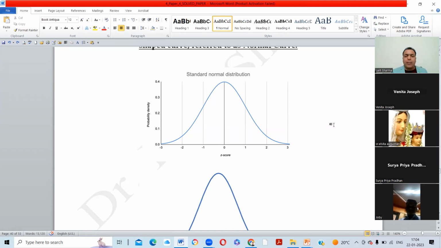Now see in the normal probability curve, the middle position, those students are lying, they have taken the average marks, right? And there are two tails of the normal probability curve, one on the right side and one on the left side.